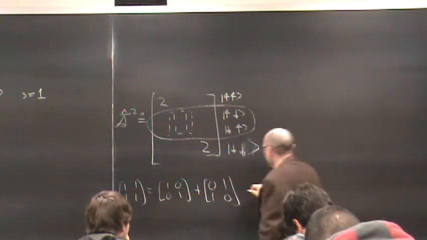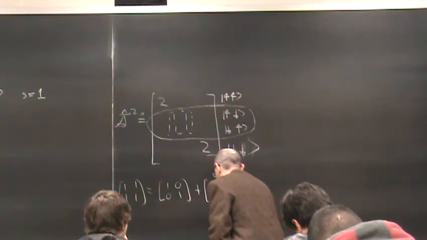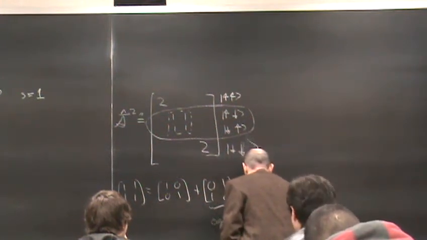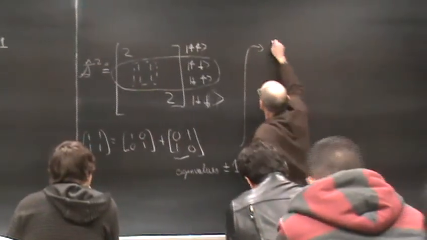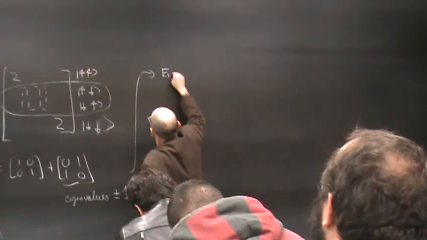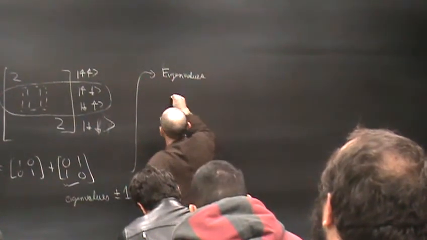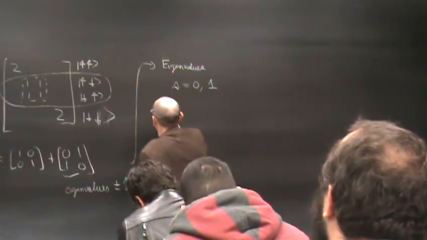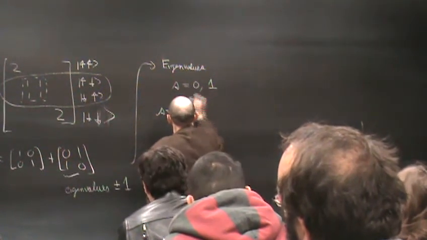So the eigenvalues of this matrix are plus or minus 1. So the total eigenvalues of the system are S equals 0 or S equals 1, where for S equals 1, the state is the symmetric combination.